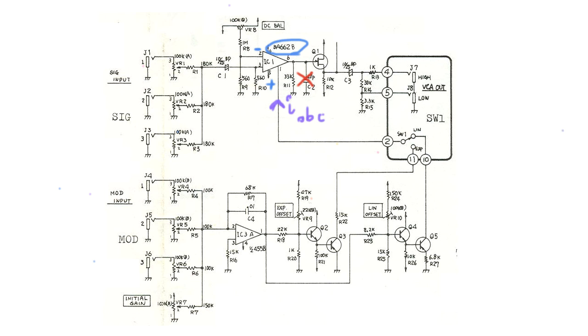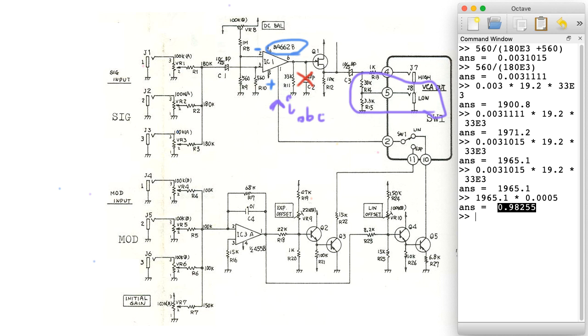An interesting feature of the output is that it offers this attenuator. You could take the output here directly, and that's going through this 1K output impedance, and that's there for some short circuit protection. Or you can take it through this voltage divider if you wanted an attenuated version of the output for some reason. Let's see how much attenuation we get from that. Technically speaking, you would be dividing over the 3.3K resistance, so I'll write 33 plus 3.3.